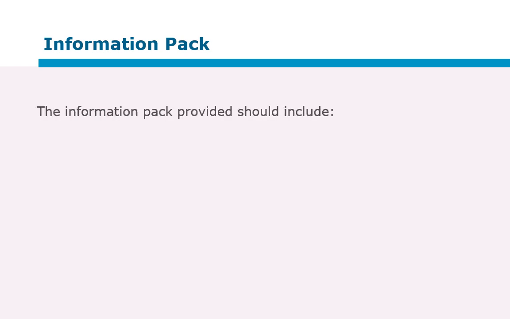The proposed contents of the information pack are as follows. Firstly, the guideline for municipalities on processing embedded generator applications larger than 1 MW, which guides the customer on the process.